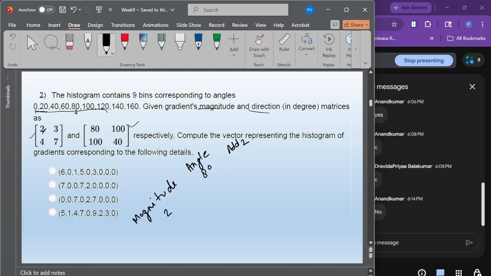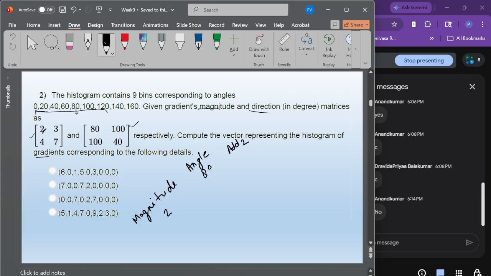That means at bin 5, at angle 80, we need to add 2, because we need the corresponding gradient magnitude, not the angle. So at this angle we add 2, otherwise 0.